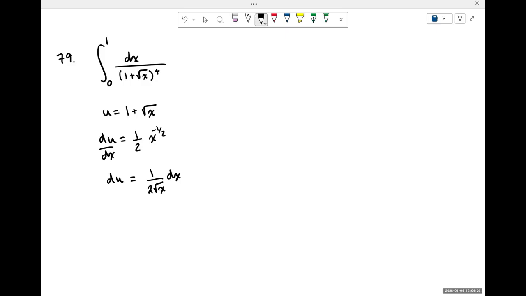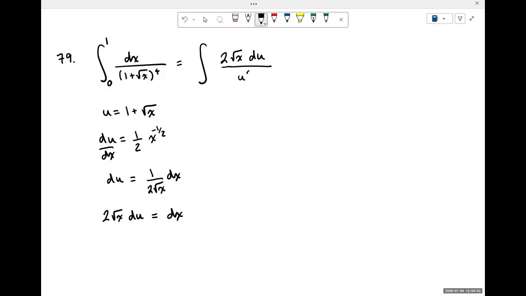So now if I write this out, I have again sort of the similar problem, right? In our other problems, we just had like an x, a 2 or a 4 or something. We can always pull out a constant, but I can't pull out a square root of x, right? So if I try to do this substitution, I've still got a mess here.